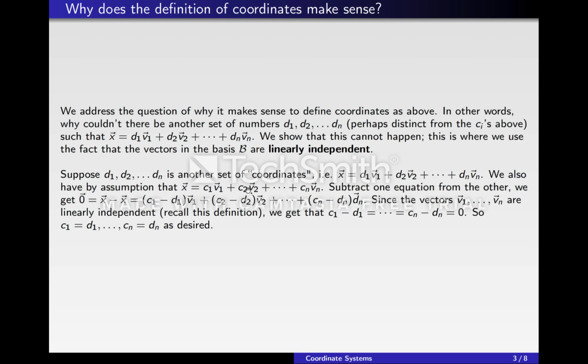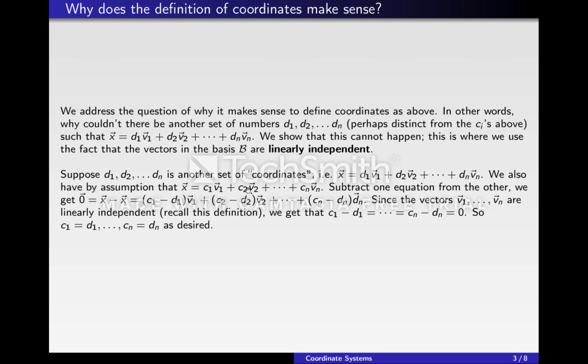The key is that this is a basis, and so the vectors in the basis are linearly independent. And so why is linear independence important in this definition? So again, let's go back. We suppose that there is another set of numbers, d1 through dn, that you can express x in terms of.